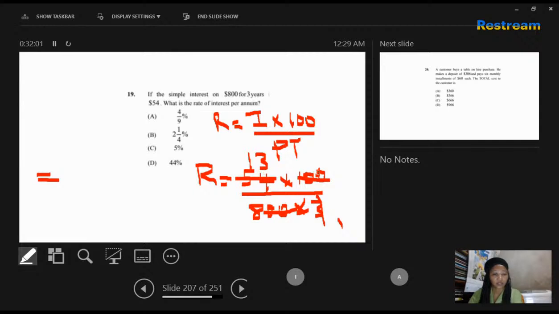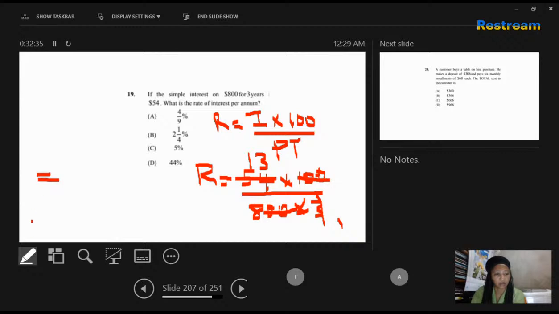Interest times 100 over the principal times the time is the rate of interest per annum. What are we overlooking here? Where did you get the 13 from?